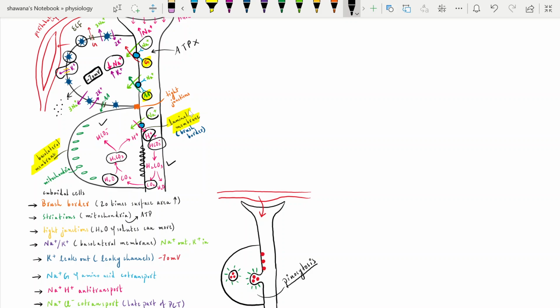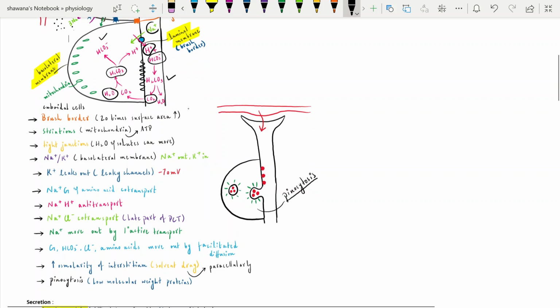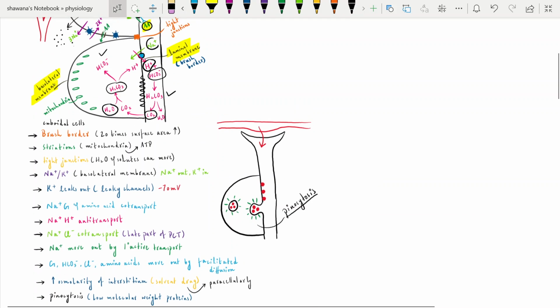So this interstitium become hyperosmolar because there are a lot of active solutes present here, and this kind of hyperosmolarity attracts water from the lumen side, and the water is moved along with the solutes present in the water, like small quantity of sodium, small quantity of bicarbonates or amino acids are moved along with the water. This is known as the solvent drag.